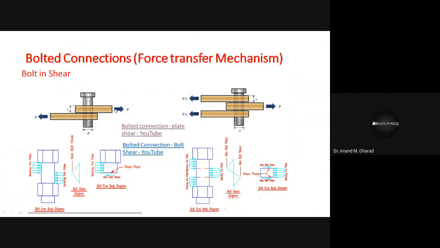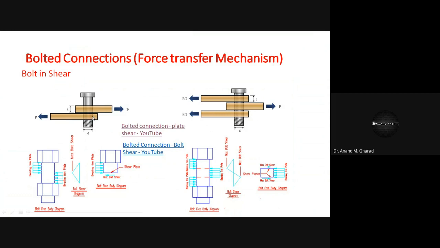With the increase in this P value, this surface of the bolt will come in contact with the plate surface, and because of which stresses are developed. These are known as bearing stresses, developed from the plate, as you can see over here.